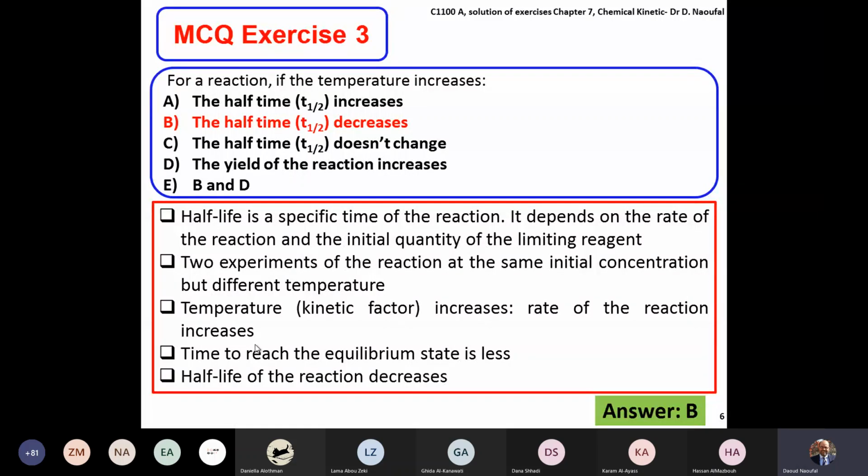When the rate increases, the time to reach the equilibrium state is less. The equilibrium state is T equal infinity in case of a complete reaction, or T equilibrium in case of an incomplete one. So when the time to reach equilibrium is less, and we have the same initial concentration, necessarily the half-life of the reaction will decrease. So the answer is B.